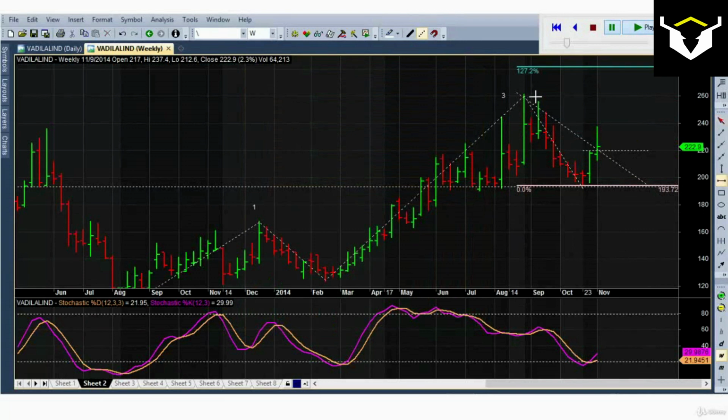So how do I manage this trade? I have made my entry, I have kept my stop loss. Now I need to manage the trade. The idea is simple.